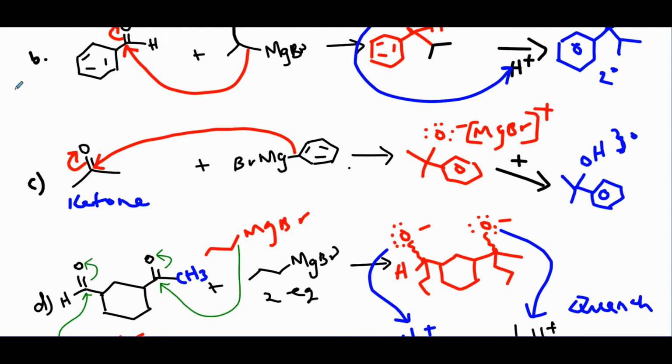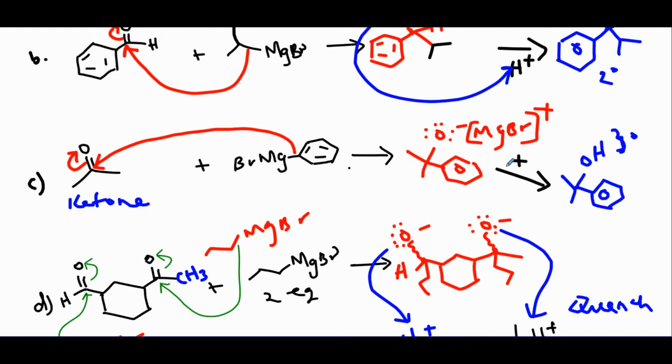Next example, you have a ketone this time around. You have an aromatic Grignard source. So again, same process, attack the carbon, it opens up, you get an alkoxide. This time you have two groups which are the same, so it's not going to be a hatched or wedge bond. You don't need to show stereochemistry here because this carbon is not asymmetric, right?